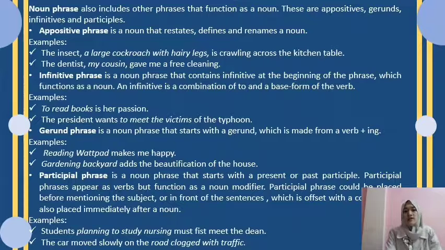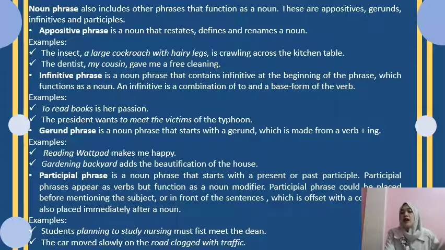A noun phrase also includes other phrases that function as a noun, and these are appositives, gerunds, infinitives, and participles. The first one is the appositive phrase. It is a noun that restates, defines, and renames a noun.